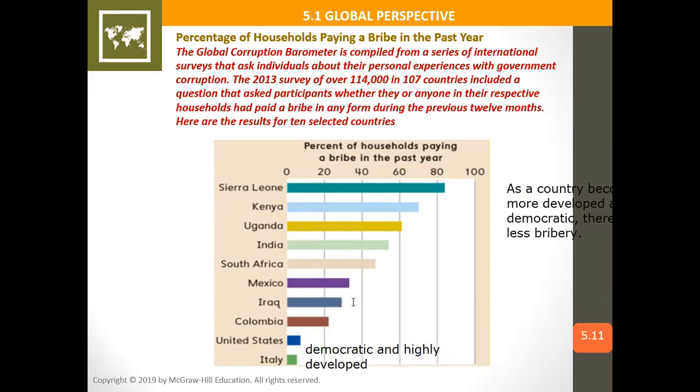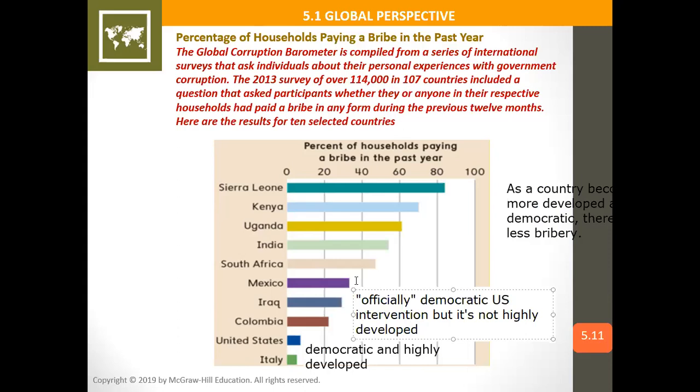Colombia is getting better. Iraq is officially democratic based on the U.S. intervention. But it's not highly developed. So Mexico is developed. No, it's more developing, and it's democratic.